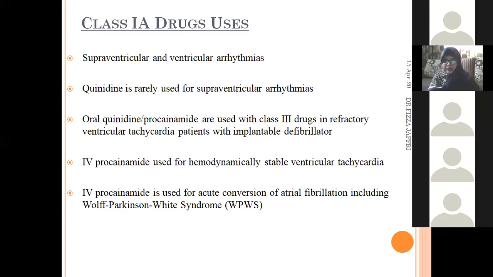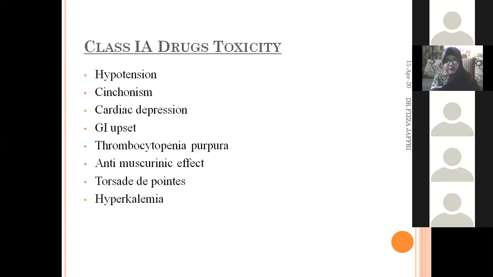IV procainamide is used for hemodynamically stable patients. Besides that, IV procainamide is used in Wolff-Parkinson-White syndrome. So class 1A includes two drugs, quinidine and procainamide. Procainamide is used for hemodynamically stable ventricular tachycardia and for WPW syndrome, whereas quinidine is rarely used for supraventricular arrhythmias.